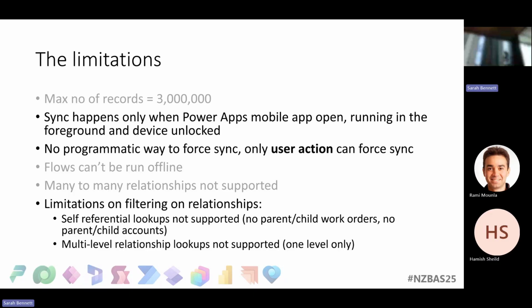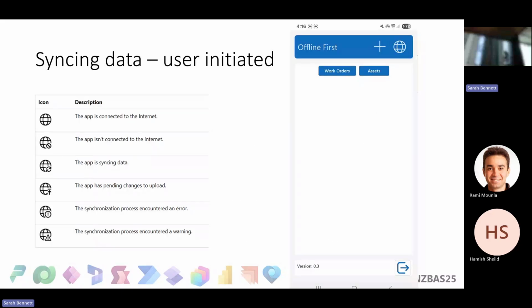Okay, what I'm going to go through now is I'm just going to show you how a user actually initiates the sync. So when you flip the switch to make it online, offline capable, we get a new screen. And it has this blue thing, and we get this globe icon here, okay?